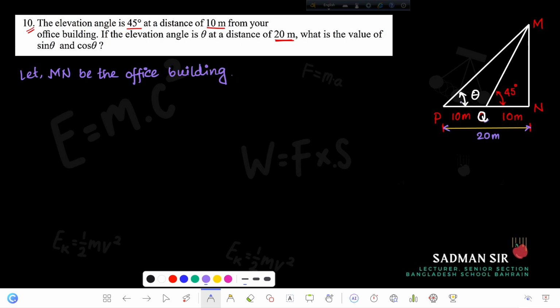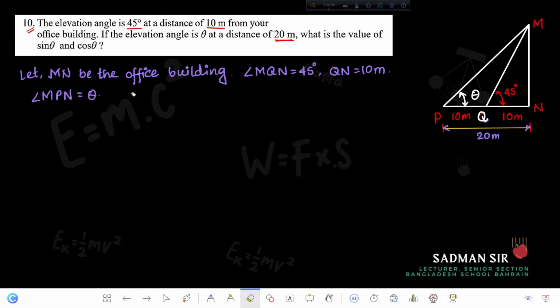So MN is the office building, and we will mention this angle, that is MQN. Angle MQN is 45 degree, and the distance QN is equal to 10 meter. And then again angle MPN is equal to theta, and PQ is equal to 10 meter. This is not something given in the question, so we cannot write it here.